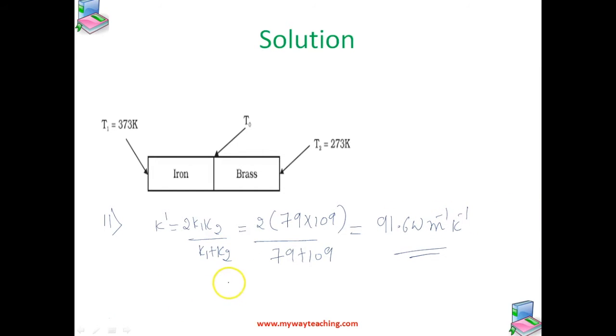And using this K dash, we can find the value of H dash, the heat current through the compound bar, which is given by K dash A (T1 minus T2) by 2L. Okay.